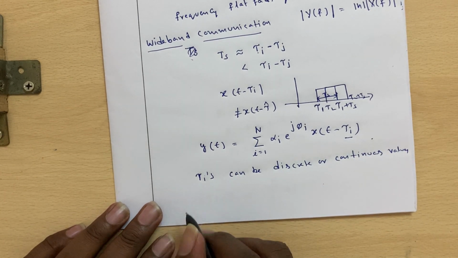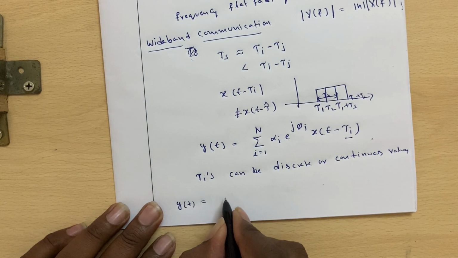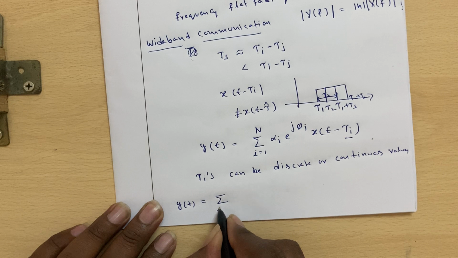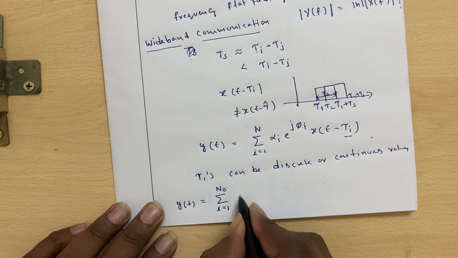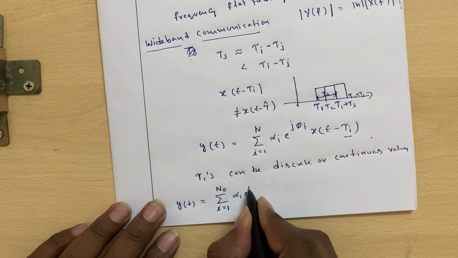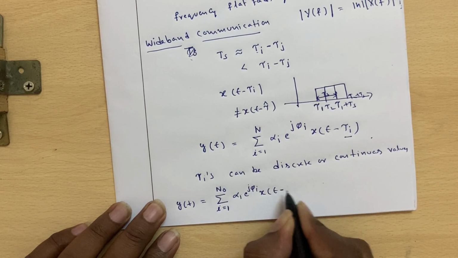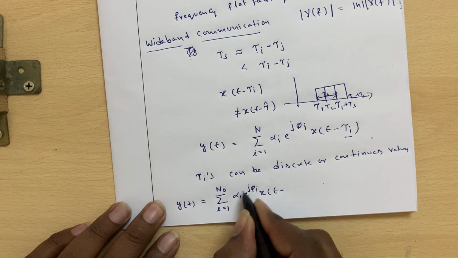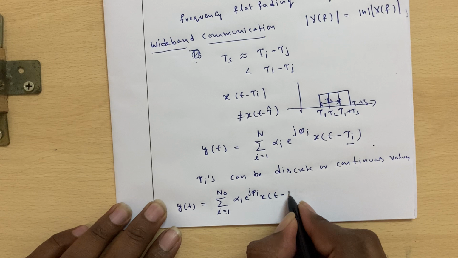If I assume like that, then y of t I can write this way: the sum over i equal to 1 to some n naught of alpha i e power j phi i into x of t minus tau naught, since all these propagation paths between 1 and n naught have the propagation delay of say tau naught.